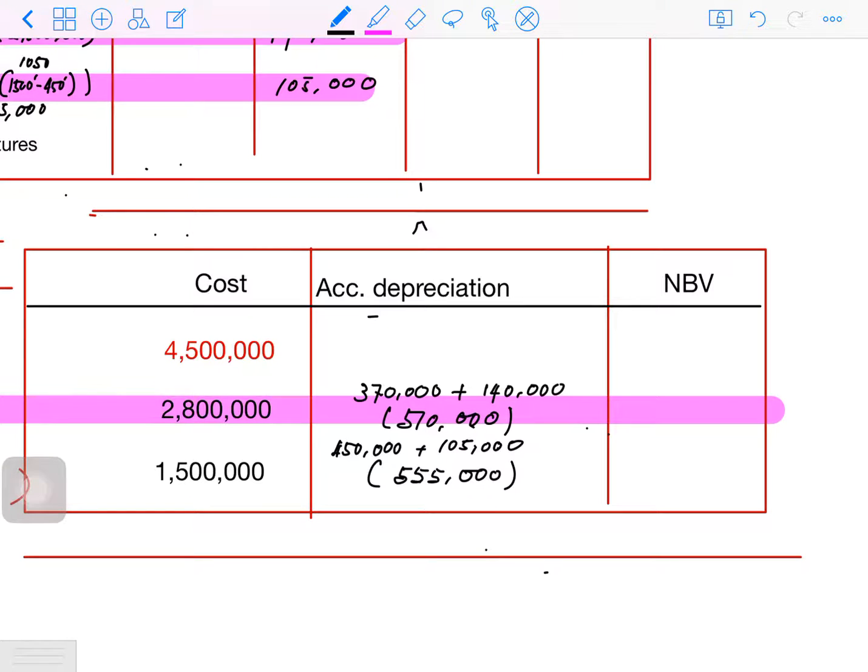So here you can calculate the net book value: 1,500 minus 555 is 945. And here you get 2,800,000 minus 510, which is 2290.